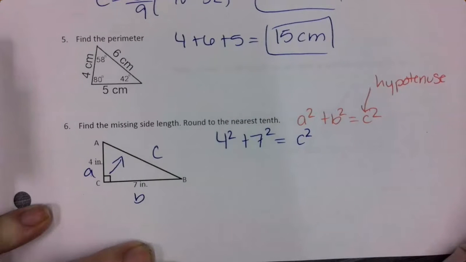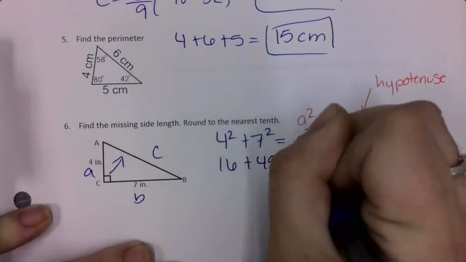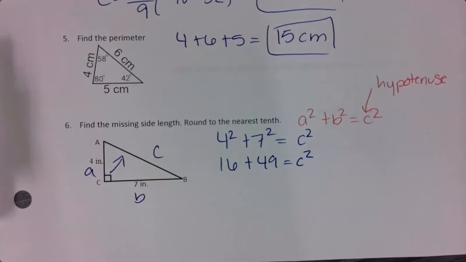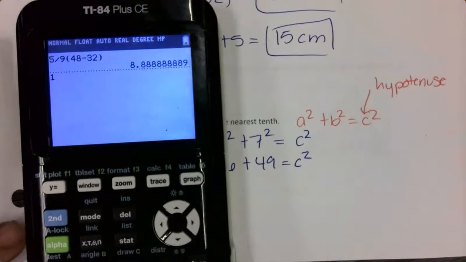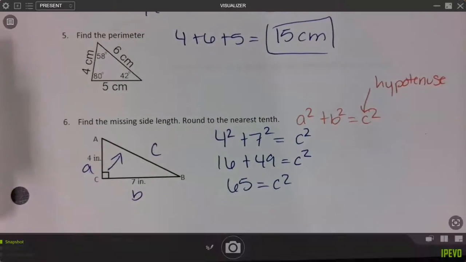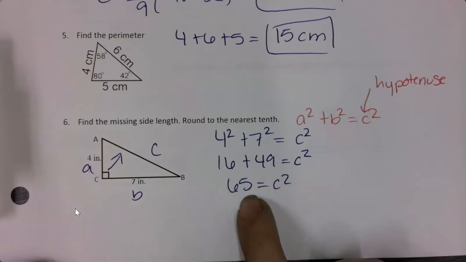Then I want to go ahead and figure this out. 4 squared is 16. 7 squared is 49. And c squared is going to say c squared. So what I want to do is add 16 and 49 to get 65.